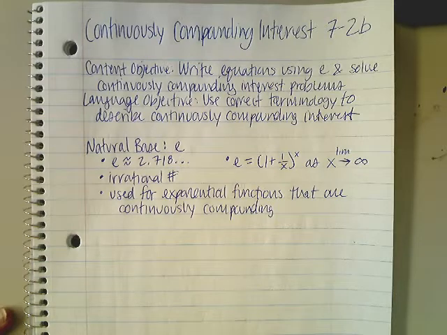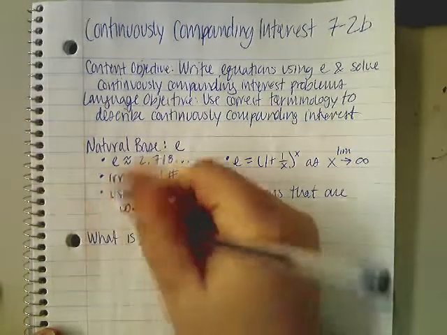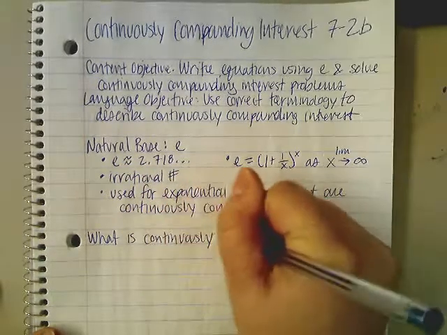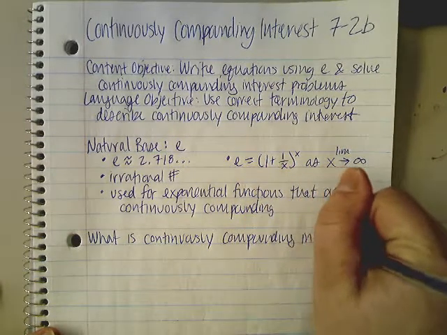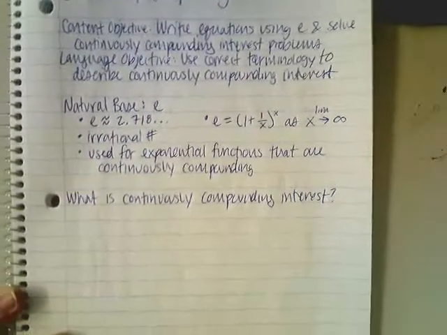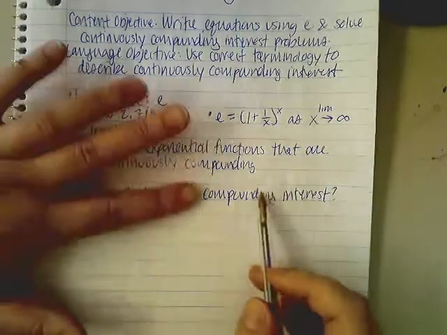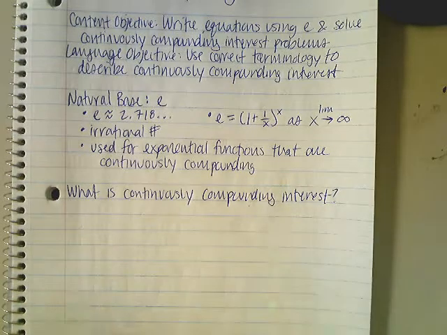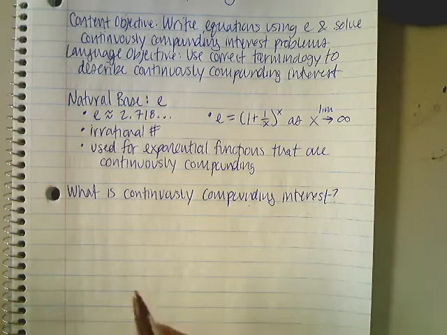Okay, so what is continuously compounding interest? Well, if we take off the continuously part, compounding interest is when you add money into an account from the interest you've made, and then you get to make interest off of that interest.